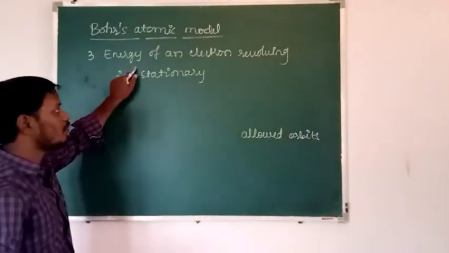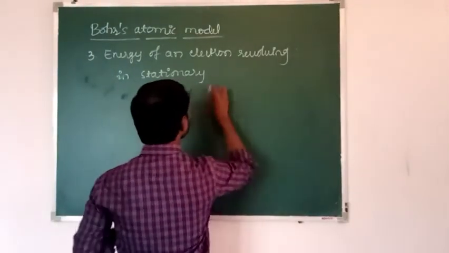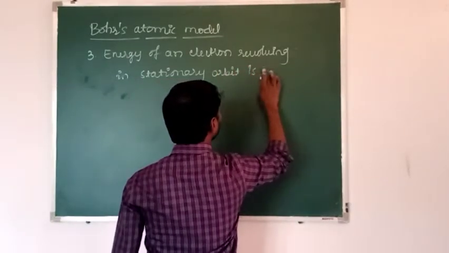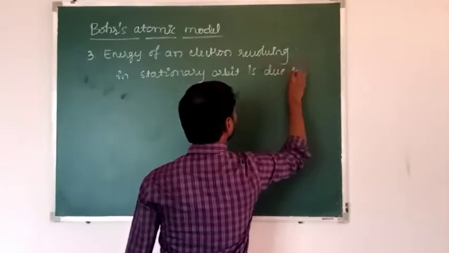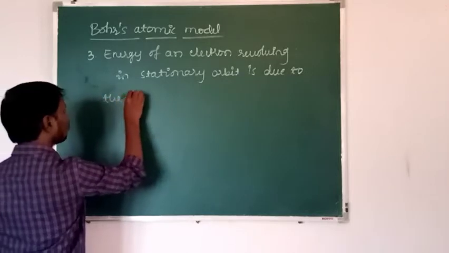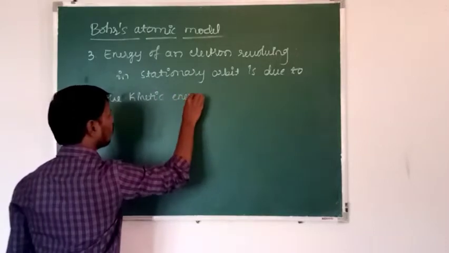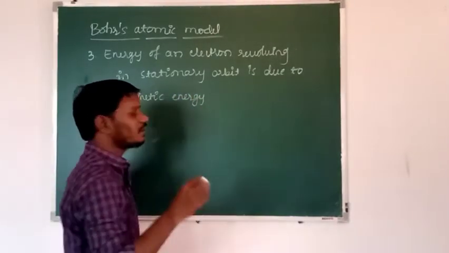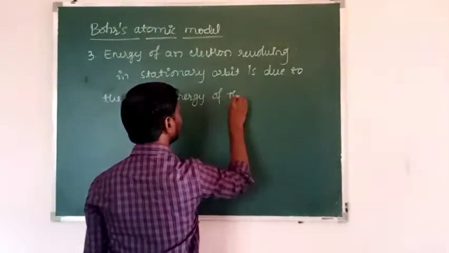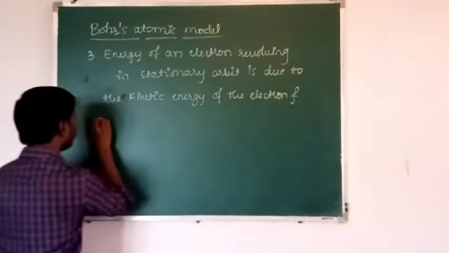Okay, the energy of an electron revolving in the stationary orbit is due to the kinetic energy of the electron, and here the kinetic energy is due to the orbital motion of the electron, and the potential energy of the electron.